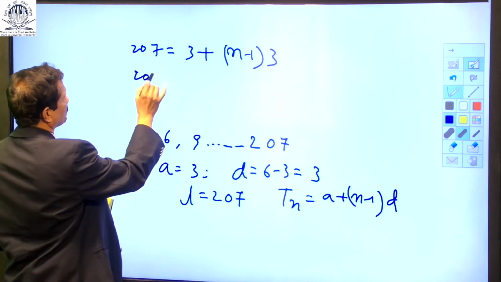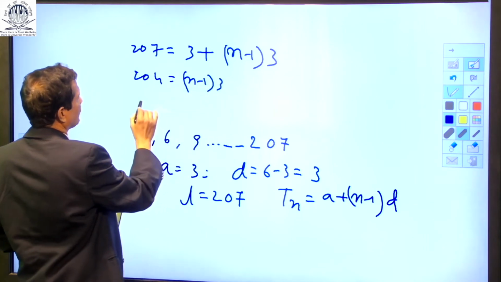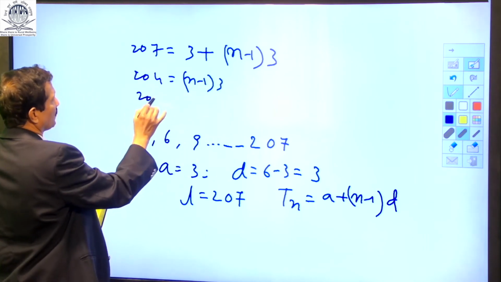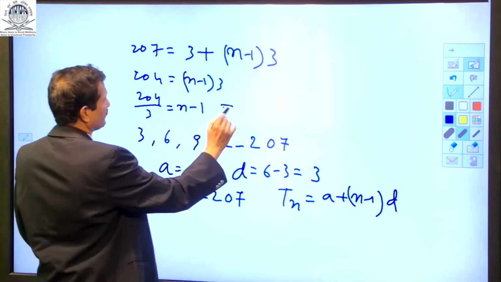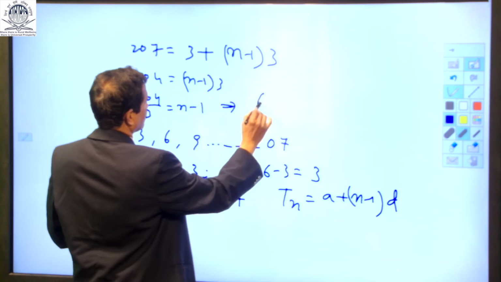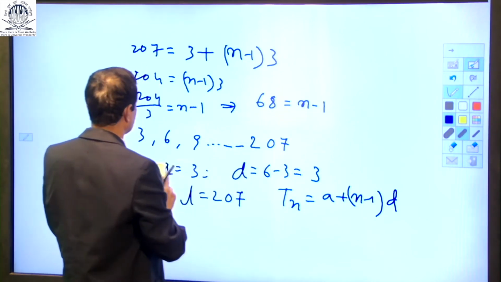So, this is 204 is equal to n minus 1 into 3, or 204 divided by 3 is equal to n minus 1, which gives 68 is equal to n minus 1.